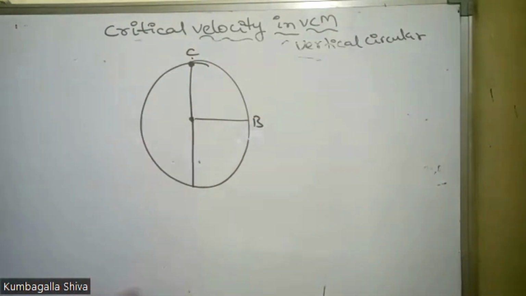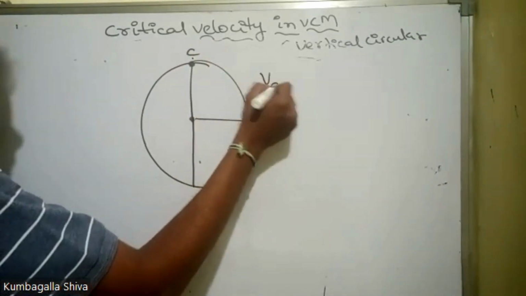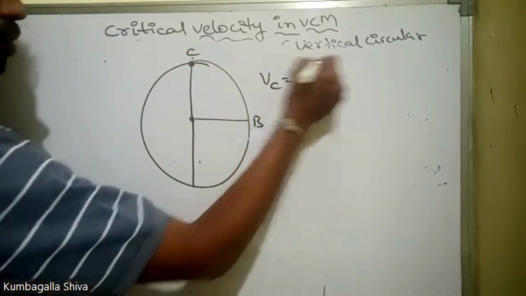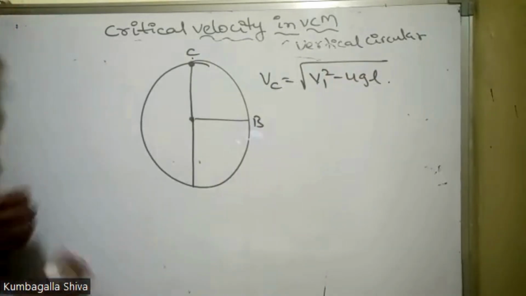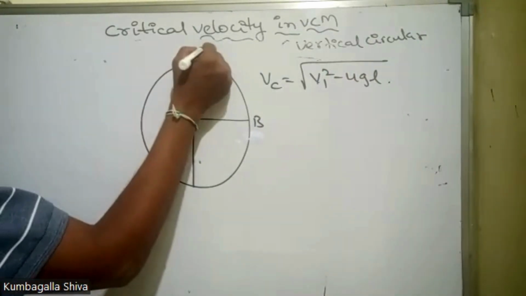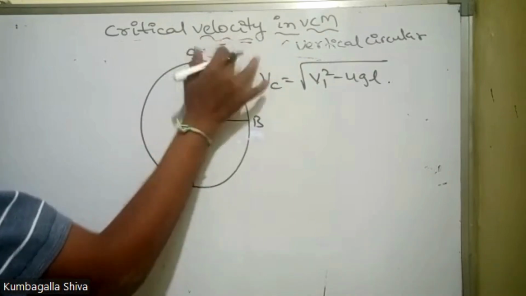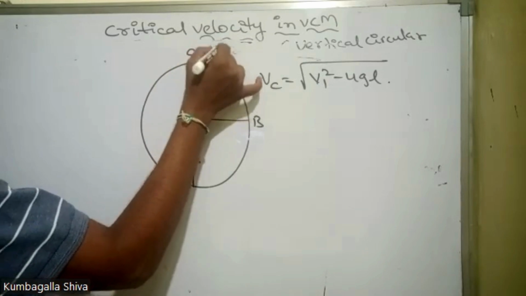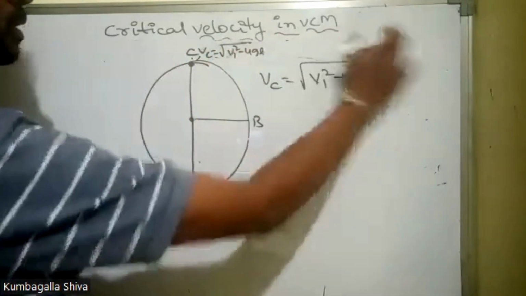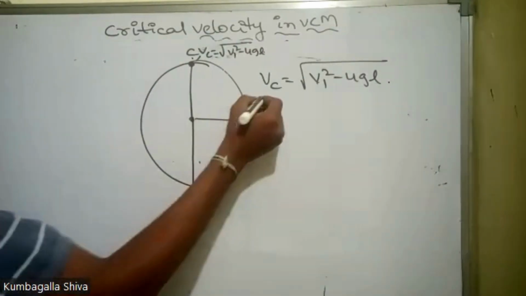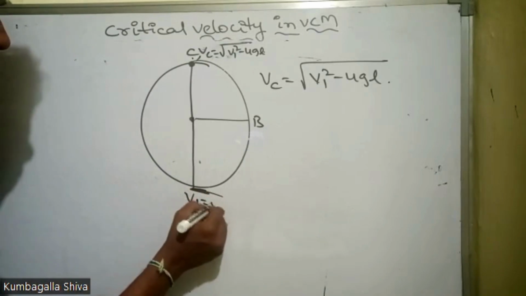At this position, we had the formula for velocity at the C position, that is VC equal to under root of v1 square minus 4gl. This is the equation we had already derived. Now you are giving the minimum velocity, that is v1 equal to root 5gl.